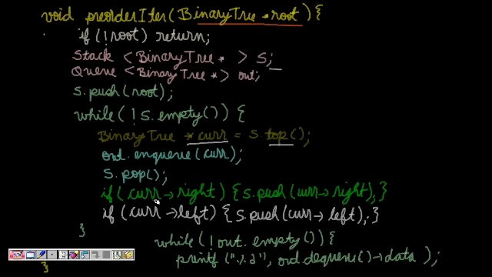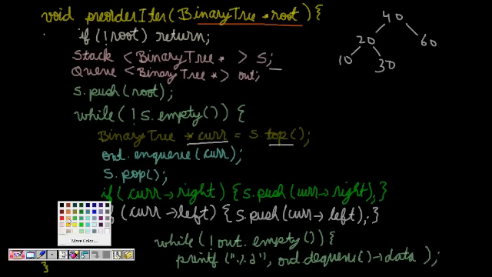So if we try it out with a small case, let's take 40, 20, 60 and 10 and 30 here. Let's try this code just to make you understand it better.